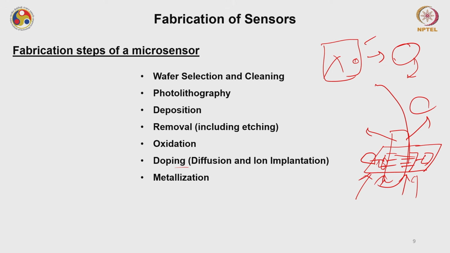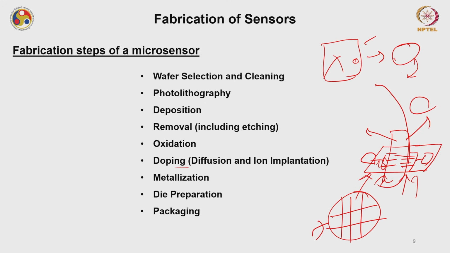Then comes the metallization. Metallization is very important because it helps not only in making contacts, but it also helps in other backend processes. Then if you are doing this litho on a complete wafer, you have to prepare your dies so that they can be taken out as a single chip.